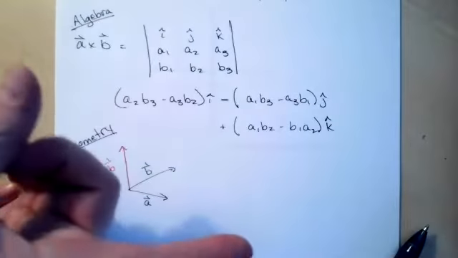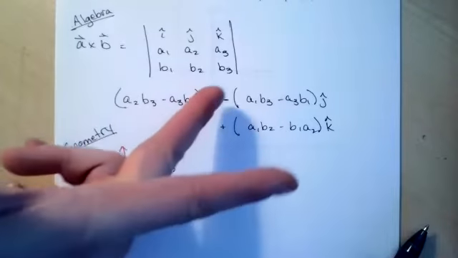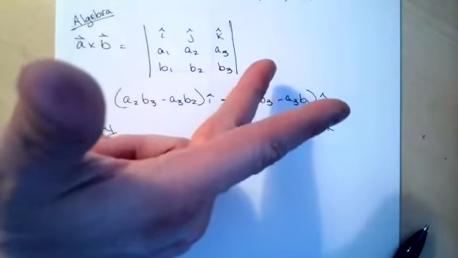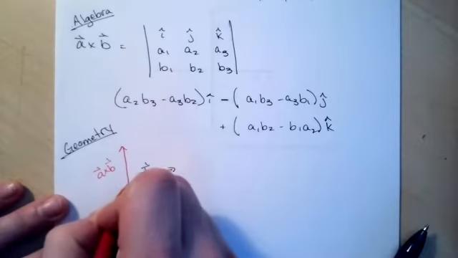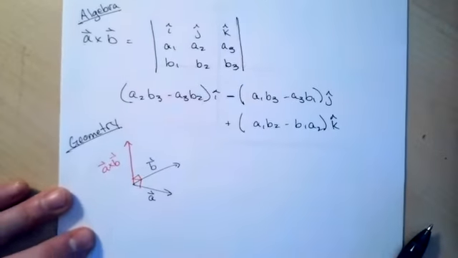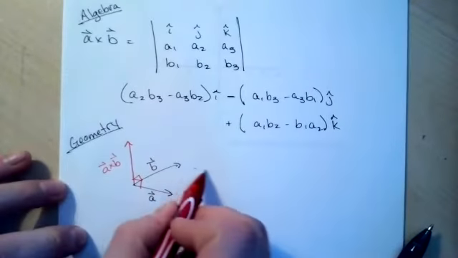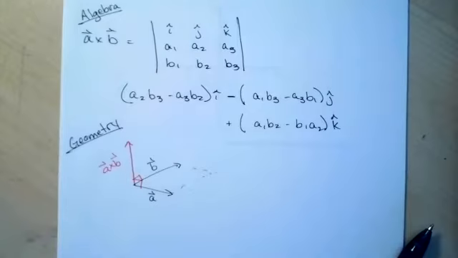So you want your right hand, you want your index finger pointing on A, the second finger pointing on B, and then your thumb is going to point towards the cross product, A cross B. So A cross B is always orthogonal to both A and B. So A and B is going to span a plane. The cross product gives us an orthogonal vector to both of those, and to that plane.